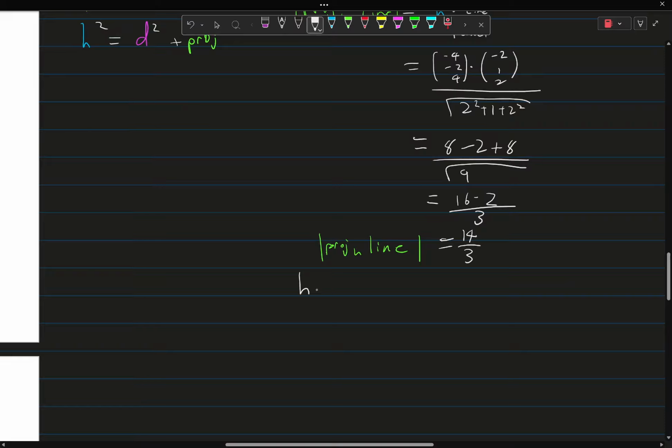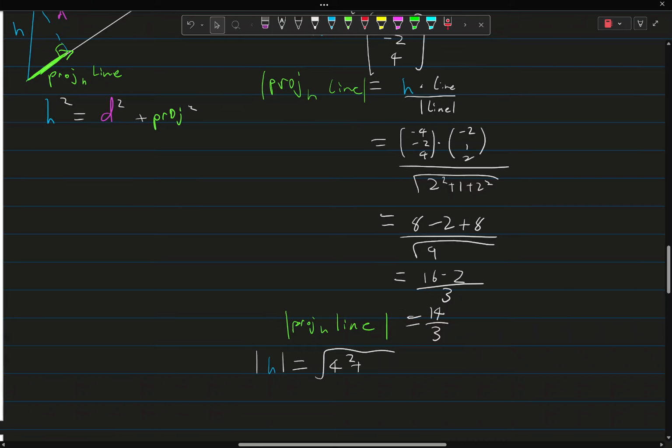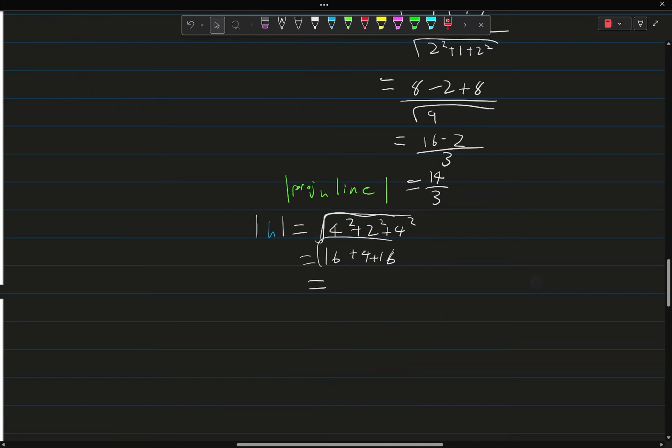So we're going to find the magnitude of h. h equals 4 squared plus 2 squared plus 4 squared, which equals 16 plus 4 plus 16, which is 32 plus 4, which is 36, which is 6.